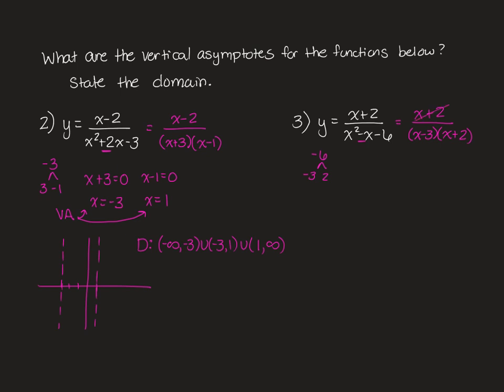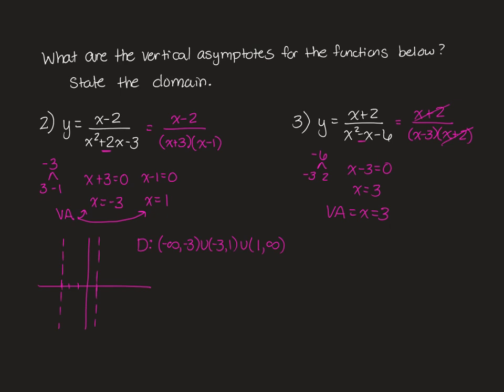I'm going to come back to that in just a second. So the factor that doesn't cancel in the denominator, that's what I set equal to 0. So my vertical asymptote is at x equals 3. But it does affect my domain.